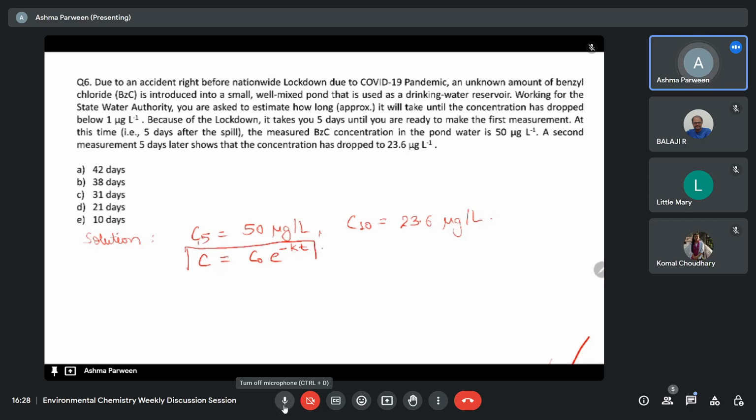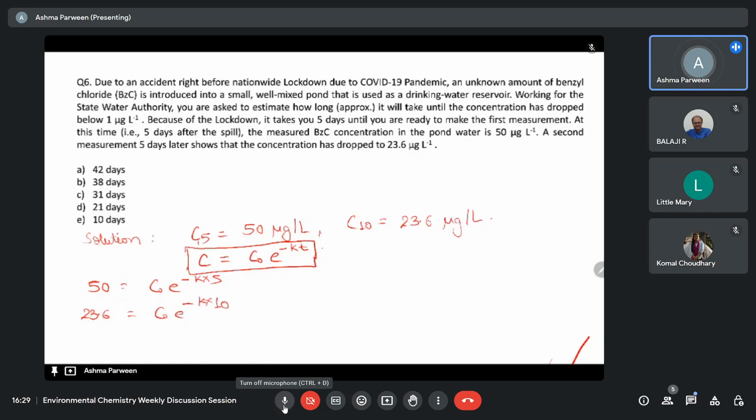So we have been given the C5 and C10. The concentration after 5 days is 50 micrograms per liter, which will be the initial concentration times e raised to the power minus kt. We don't know k, but we know the time, that is 5 days. And C10 is 23.6, which again will be related to C naught times e raised to the power minus k into 10.